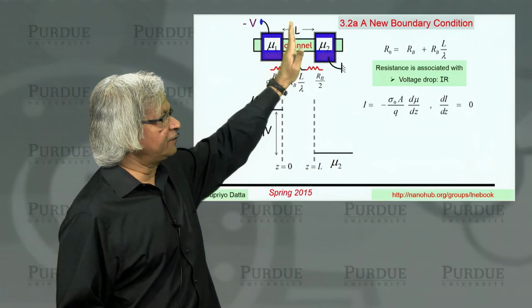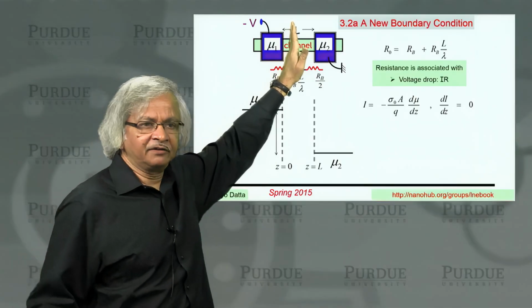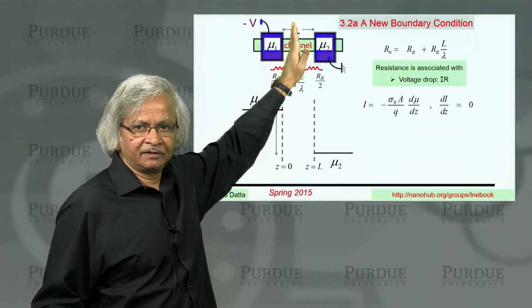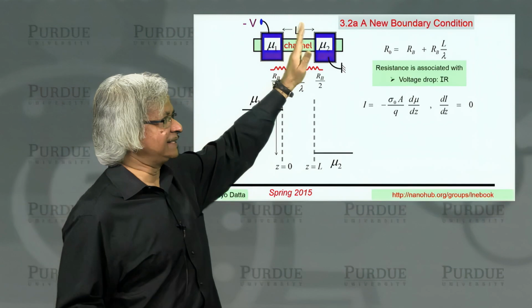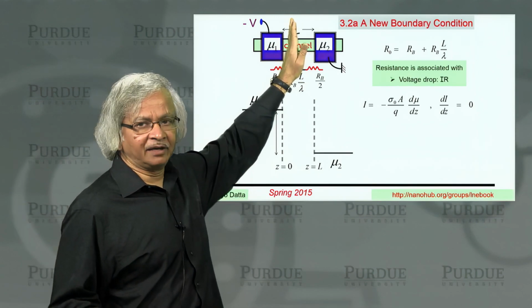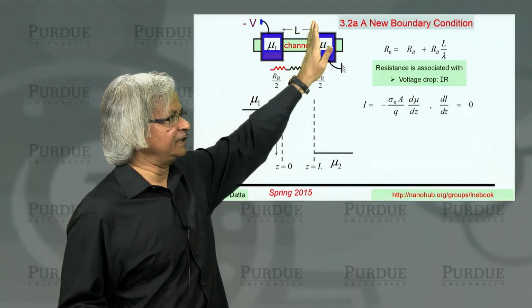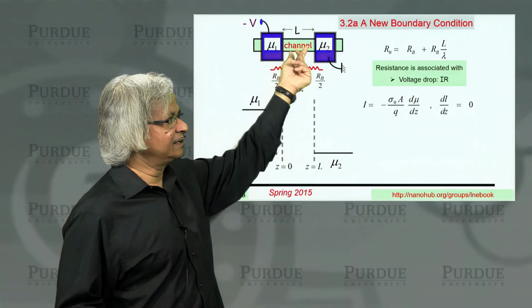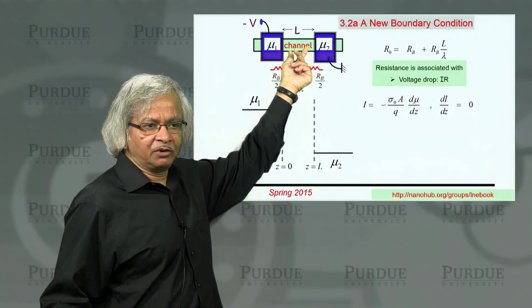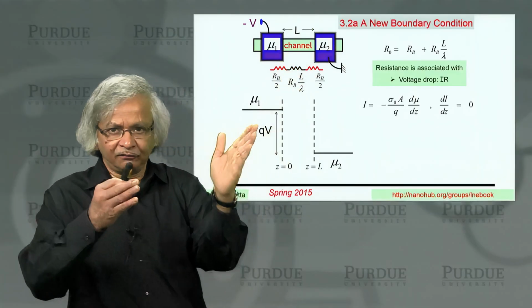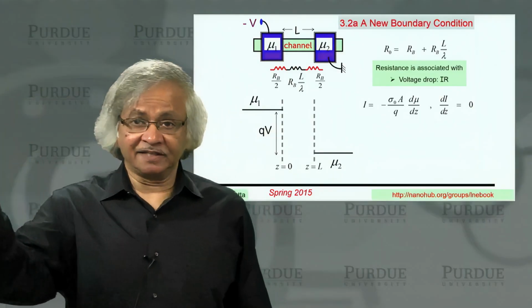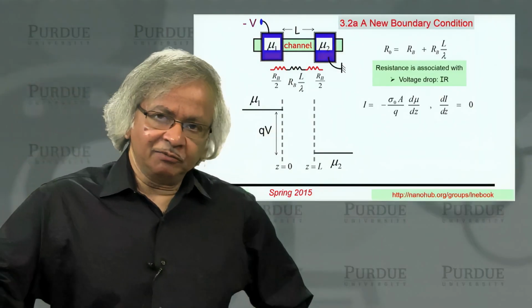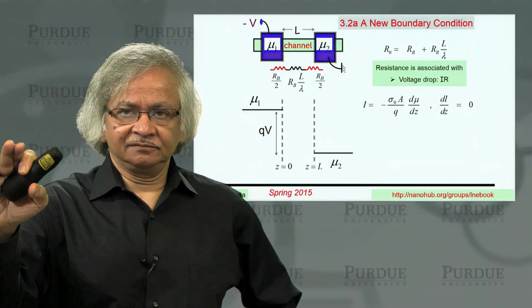If I look at a different point, you still must have 100 electrons per second flowing. Because if they were different, let's say you had only 50 coming in from this end and 100 leaving at that end, then inside, the number of electrons would be going down with time, because only 50 come in and 100 leave every second. And if it keeps changing with time, that's not steady state.